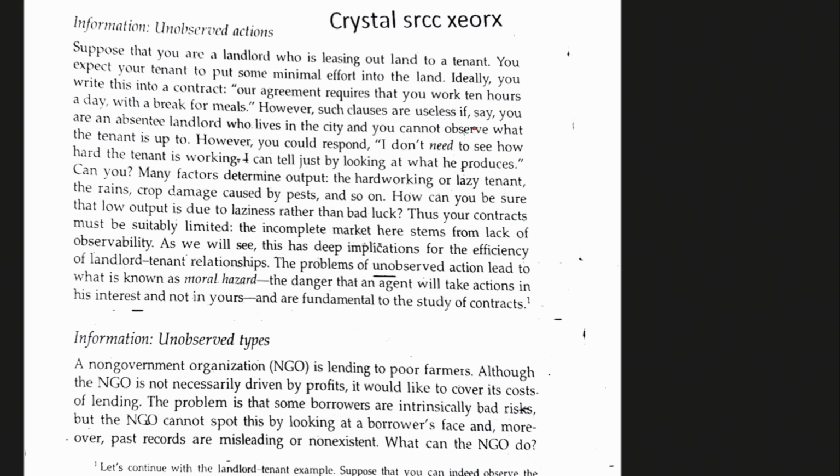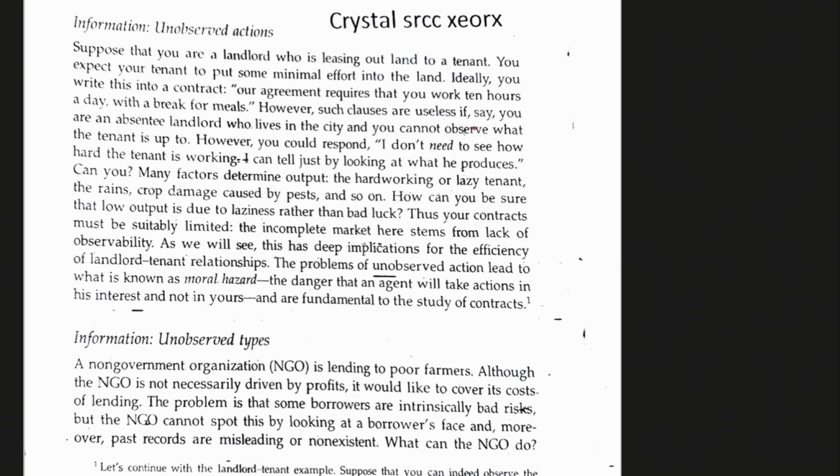So you are leasing out land to a tenant who is going to grow whatever he's trying to grow, and you make an agreement asking him to work on this land for 10 hours, with breaks for meals.